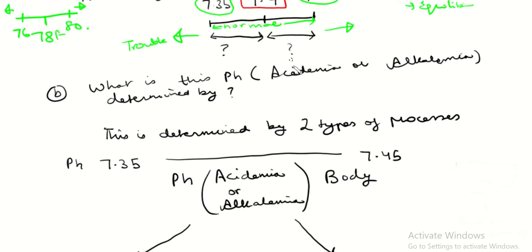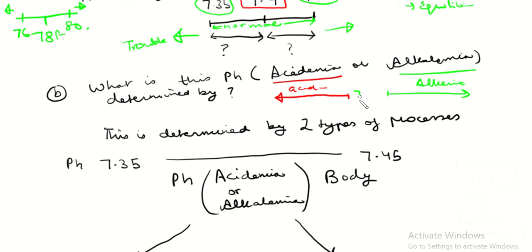So again, acidemia and alkalemia. So if I am less than 7.4, I'm acidemic, right? If I am greater than 7.4, I am alkalemic. And then normal would be 7.4.